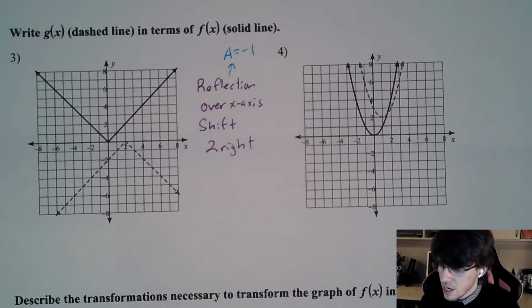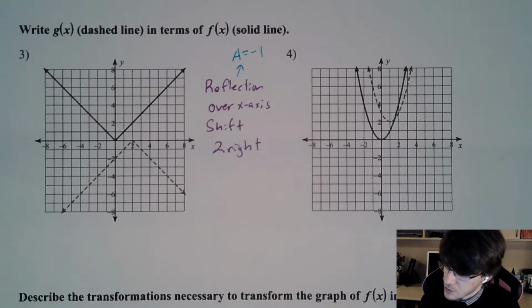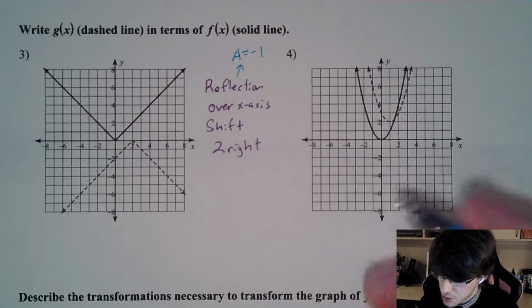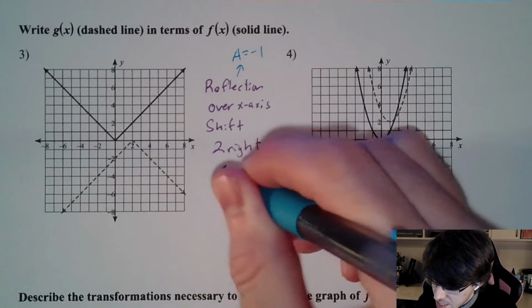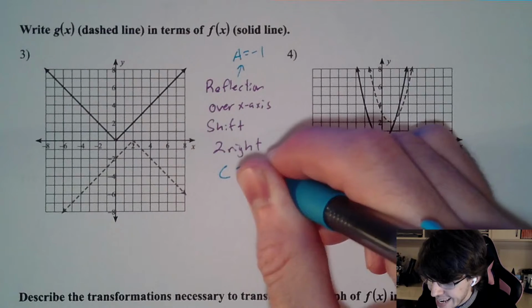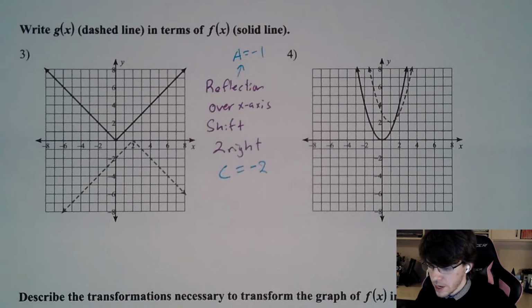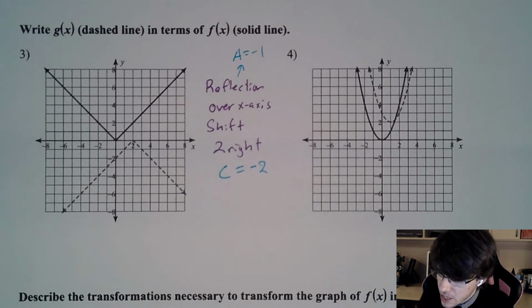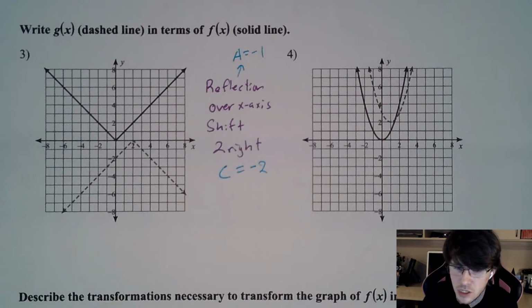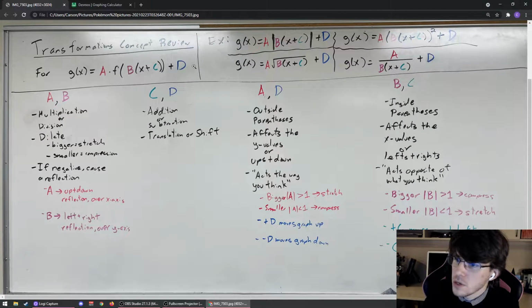And likewise, again, we could look at our notes for it. I'm just going to go ahead and write it out. But shifting 2 units right turns out that that makes C equal to -2. Be careful with it. C does the opposite of what you think, just like that letter B. All right, so for our final answer, it wants us to literally write it just like that. Again, in the notes, it wants us to look like this up here.